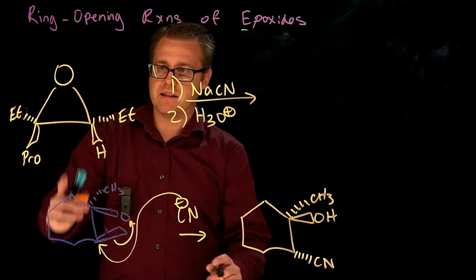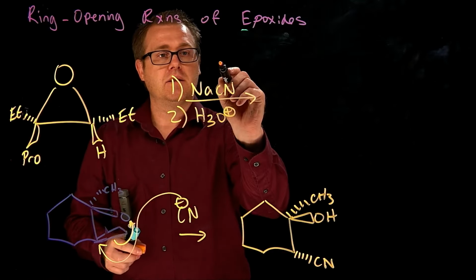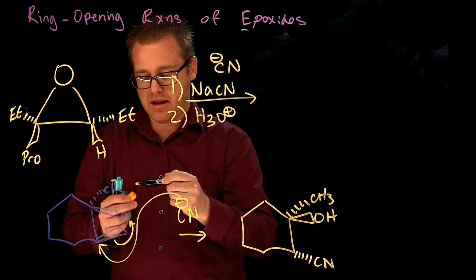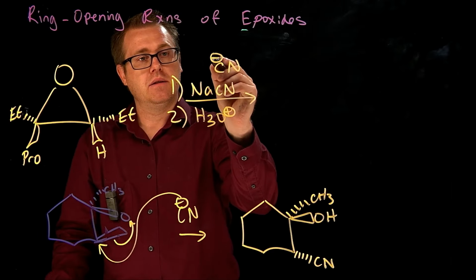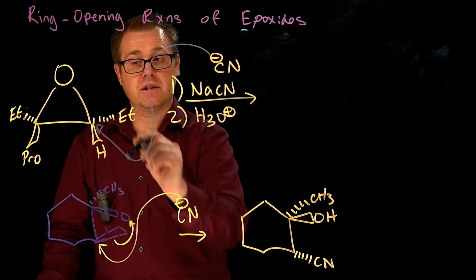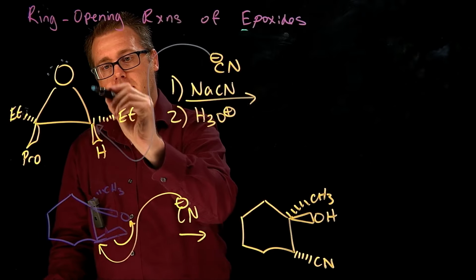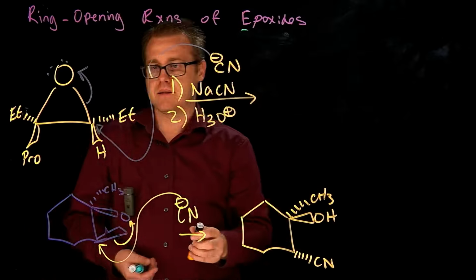Now contrast that to when the epoxide is in the plane of the glass. We'll take our cyanide right there, and watch what happens here. We're going to bring it in and do SN2-style backside attack, like so. Now here's the trick, class.